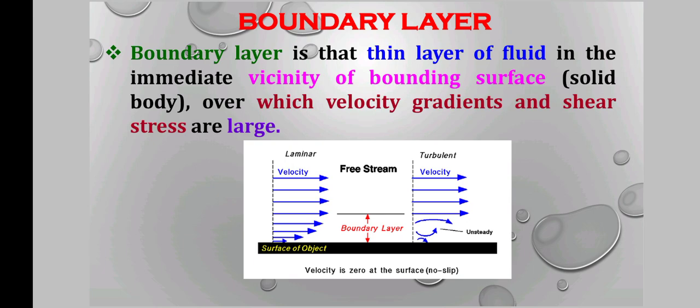Velocity is 0 at the surface, which is a no slip region. So there is a boundary layer line from the surface of the object to the free stream area. Below the boundary layer the flow will be unsteady, based on the laminar and turbulent surfaces.